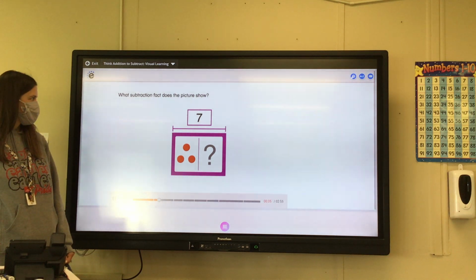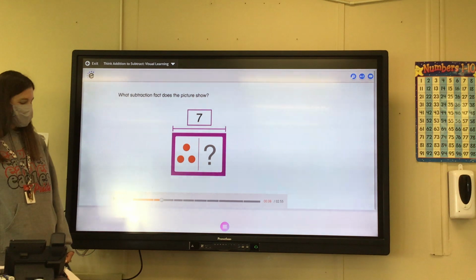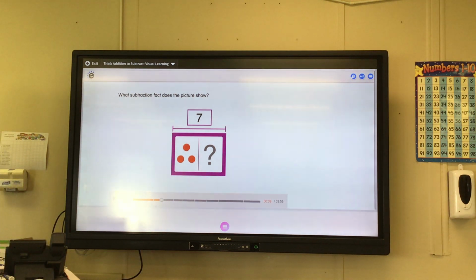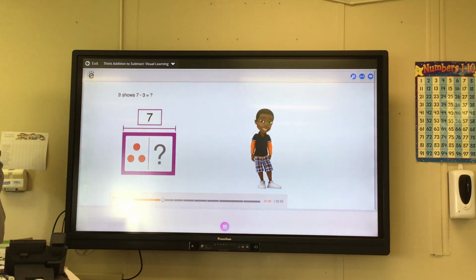What subtraction fact does the picture show? It shows 7 minus 3 equals what?